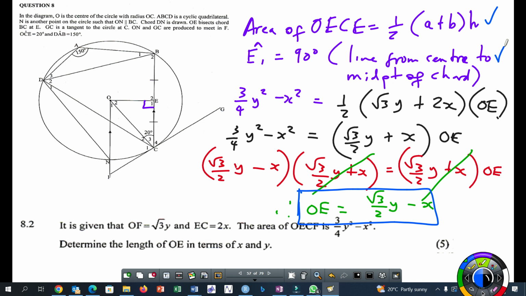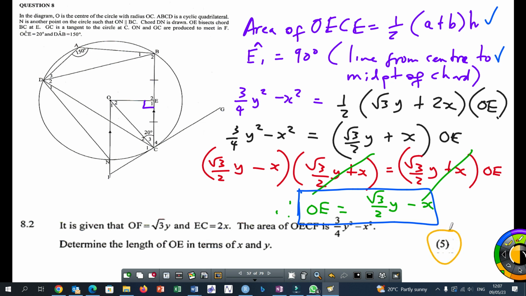If you said E1 is equal to 90 degrees in a previous question, would you still not get the mark? I would suggest that you state it again and write in brackets "proved above". Also, you need to look at the mark allocation.